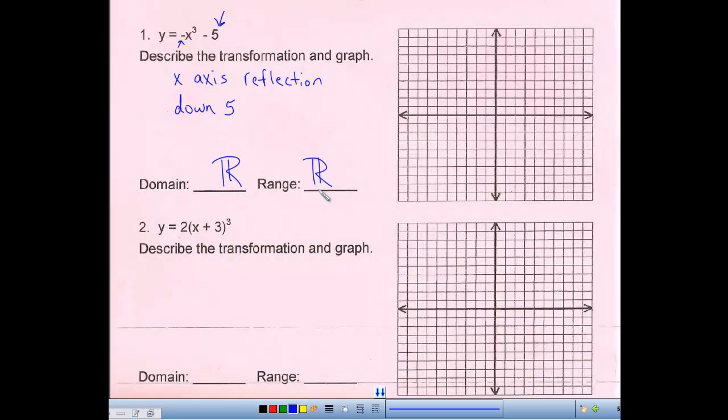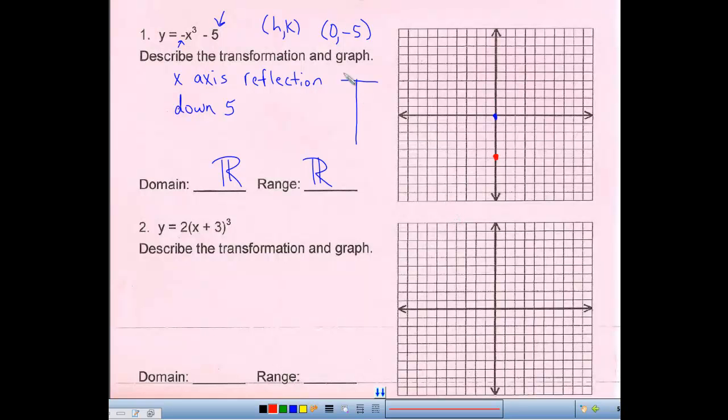Now let's take our key points and graph our equation. Remember, the original point is right here at 0, 0. How is it moving? Well, let's find h, k. H is 0 and k is negative 5. This new point is at 0, negative 5. So this actually translated down 5 units.